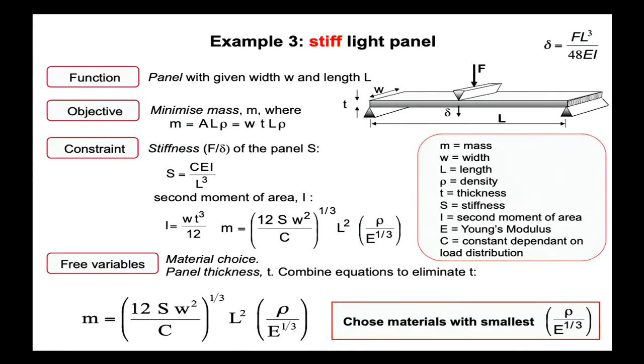For a stiff light panel that is flat, thin, all the same mathematical process, and we get smallest density, rho, divided by Young's modulus, E to the power of 1 on 3, which is rather interesting.